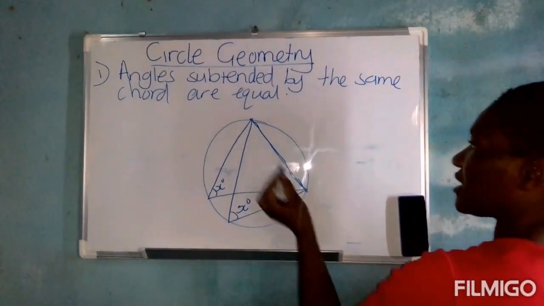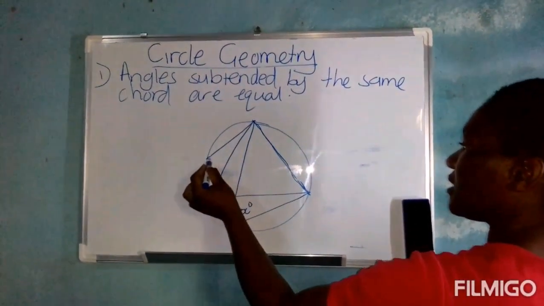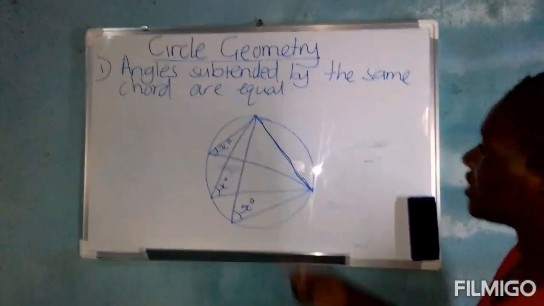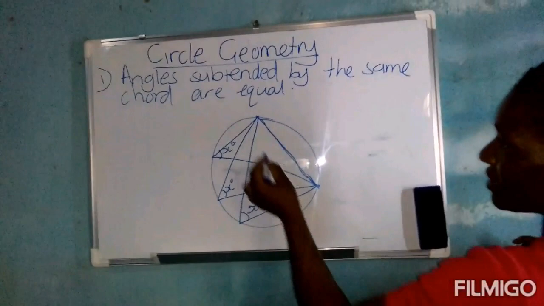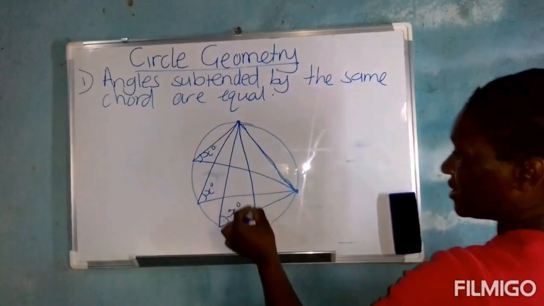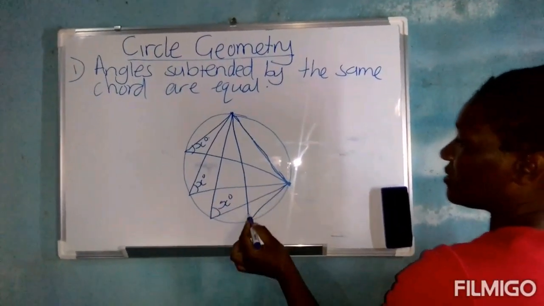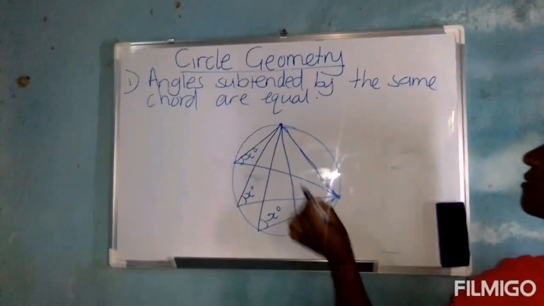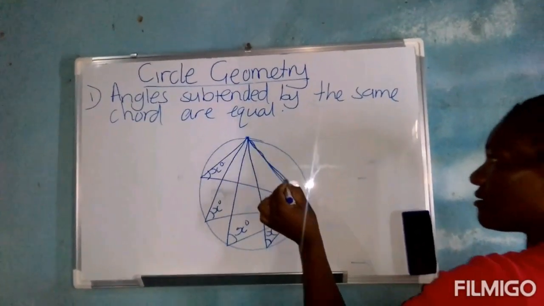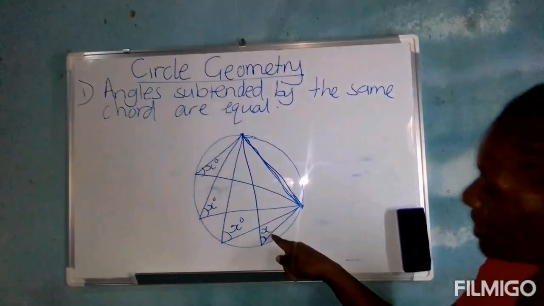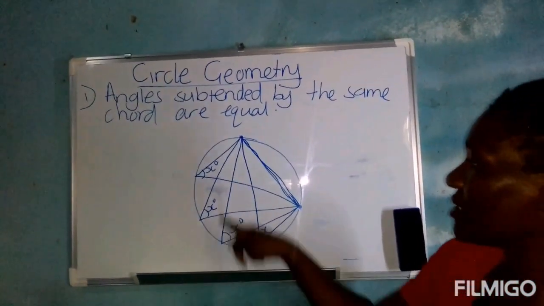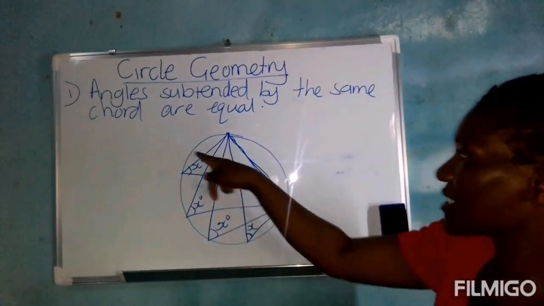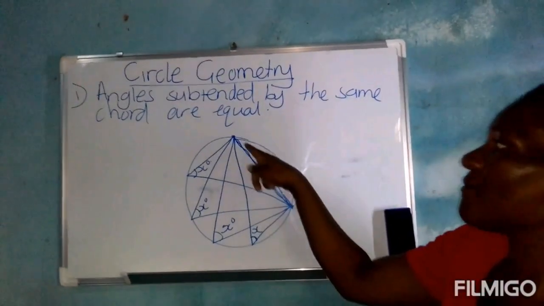We subtend another angle there, x degrees. So if we have a chord, we subtend any angle at the circumference, then this angle is equal to this angle, which is equal to this angle, which is equal to this angle, because all these are subtended by this same chord.